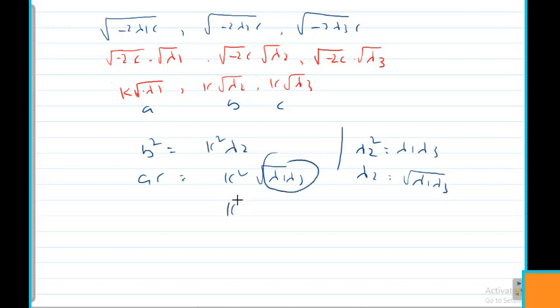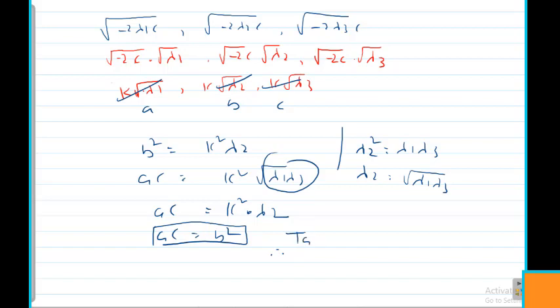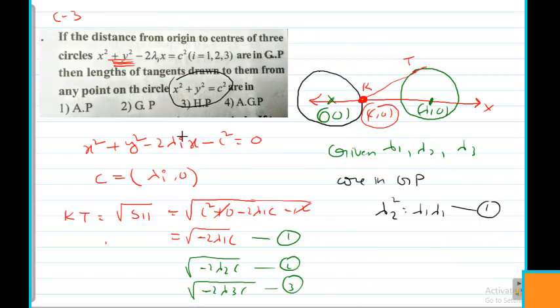So instead of this, I can write k square into lambda 2. This is ac. So ac equals b square. ac equal to b square means these three lengths are in GP. Therefore, the tangent segments are in GP. So the answer is this.